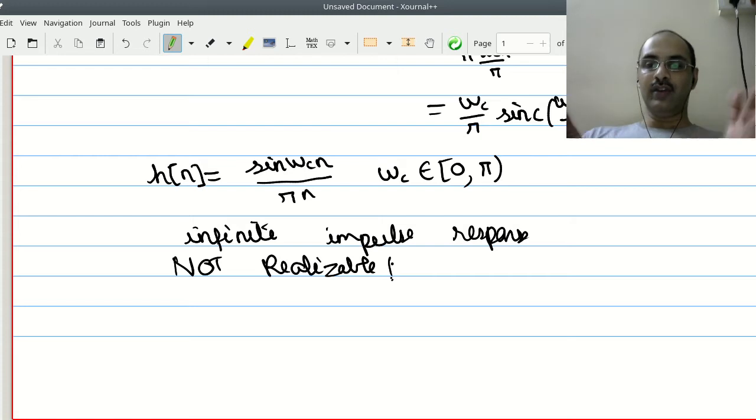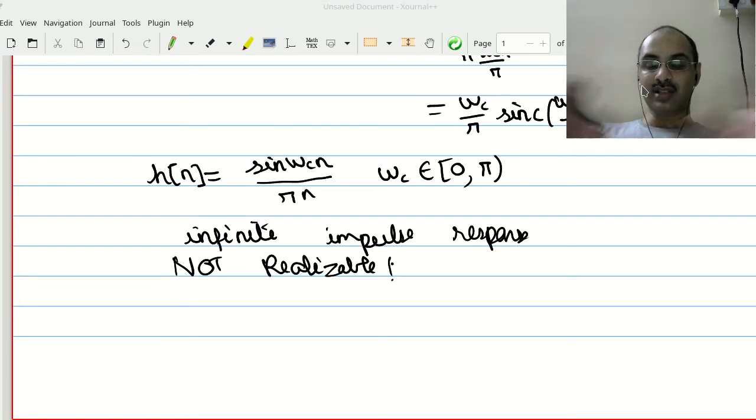When you talk about a filter being realizable, what we mean is that if you are able to write an LCCDE, a linear constant coefficient difference equation, which actually performs the convolution, then you are able to provide a realization of the filter. Meaning you can write code on a DSP or on your computer which will, given an input, give you the output that corresponds to the filter.